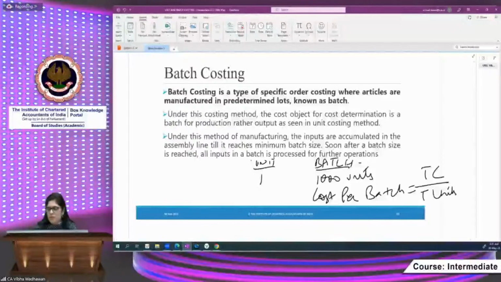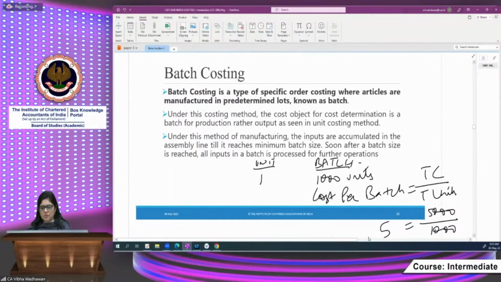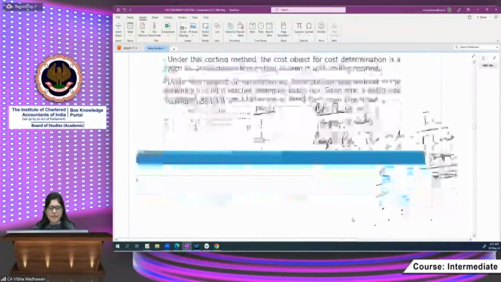So if the total cost is 5,000 and the total units in the batch is 1,000, the cost per batch is 5 rupees. So cost per batch means per 1,000 units. This is how we calculate batch costing.